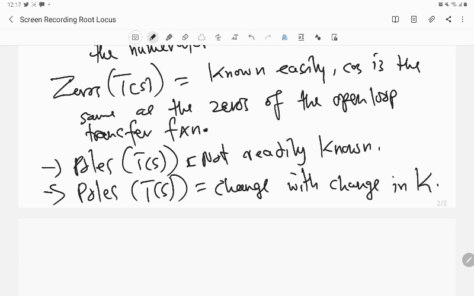So when I change k, the poles are also going to change. Okay, and so this is what makes the control system problem a little difficult.